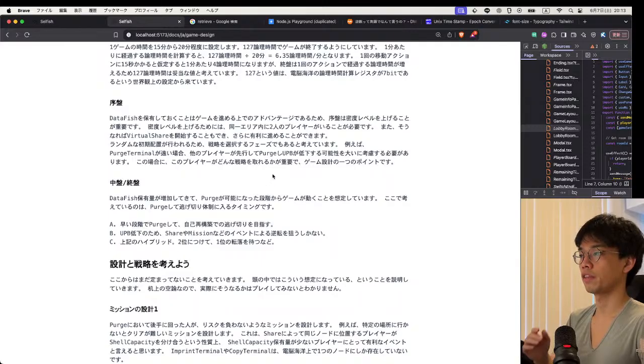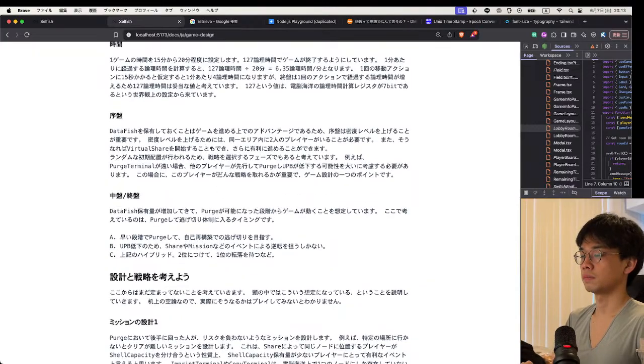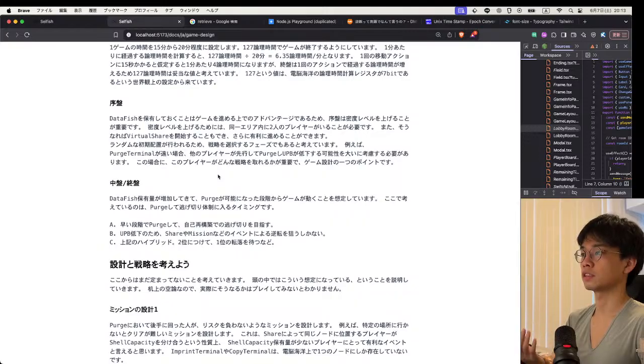And another thing, the player can build strategies at the beginning of the game, because the initial location the player is placed in is a random location. So it is important to make a strategy.